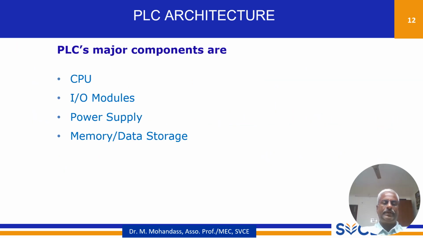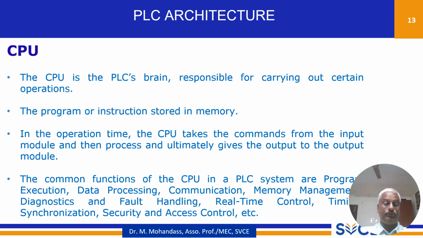So major components of PLC are CPU, input modules, output modules, power supply, memory or data storage. We'll discuss the functions of each unit. The CPU is the central processing unit. It's the brain of a PLC, like how the CPU functions in the computer, because the CPU is responsible for reading the instruction.